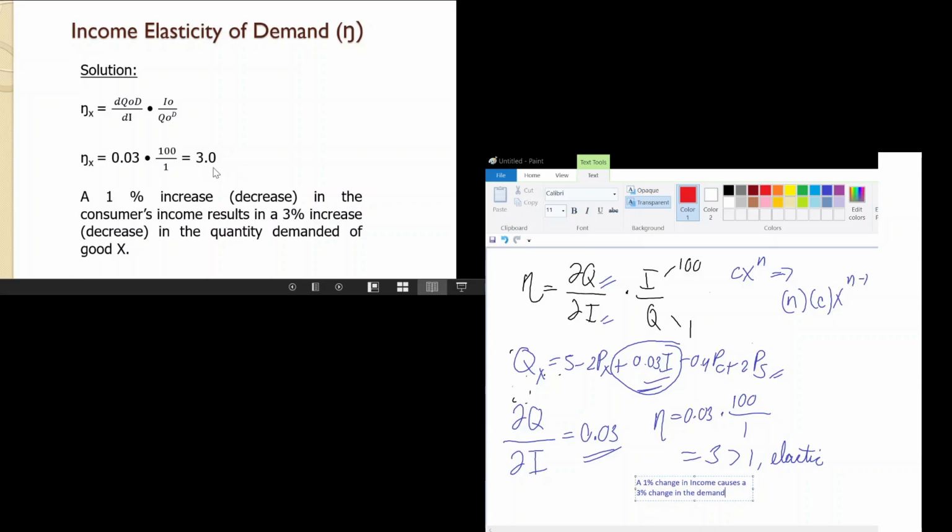If you can remember, sabi natin noon, meron tayong normal and inferior good. Kapag positive, or ibig sabihin, kapag nag-increase yung income natin, mag-i-increase din yung demand natin for that good, it is a normal good. Diba? Na-discuss na natin yun previously. So, yung income versus the demand, pwedeng maging positive or negative yung relationship nila.